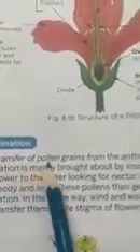The transfer of pollen grains from the anther to the stigma of the flower is called pollination. Pollination is mainly brought about by insects, wind and water. Insects always move from one flower to another looking for nectar.